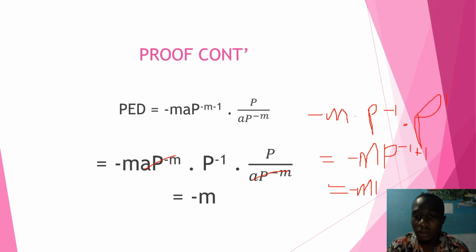Because any number raised to the power 0 gives me 1, I'm going to have only minus M remaining here.